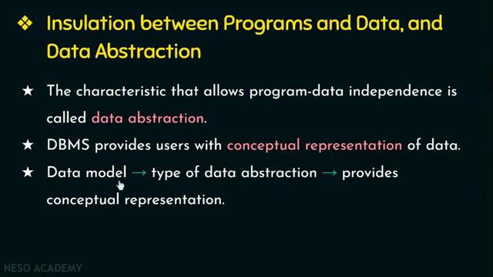A data model is a type of data abstraction that provides a conceptual representation to the database users in a way that most users can understand. And the data model hides the storage and implementation details from the users. So this is the insulation between programs and data, or what we call program data independence. And the characteristic that allows program data independence is called data abstraction.